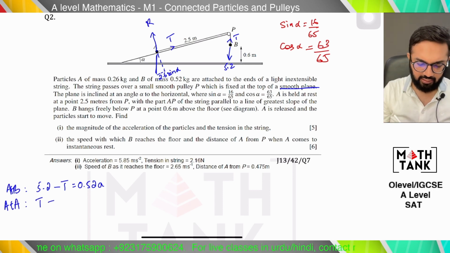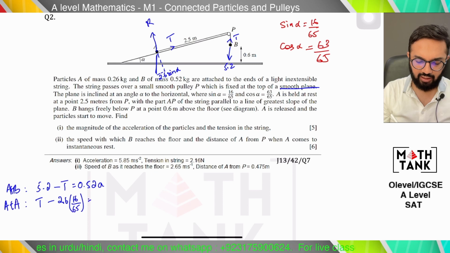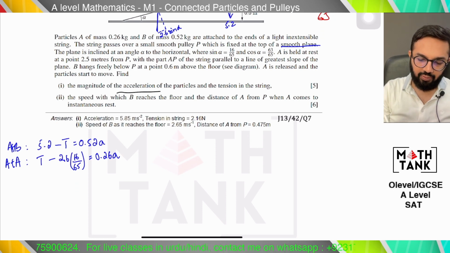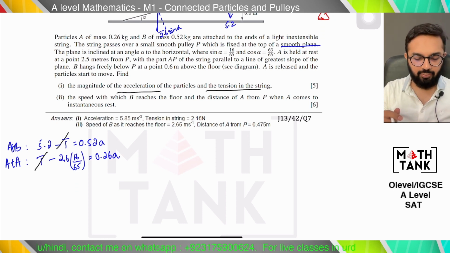So at T, what is happening is 2.6 sine alpha. So sine alpha was 16 over 65. Let's write that, and 0.26a. Okay, the magnitude of the acceleration and the tension. So T cancels out. What does that give me?